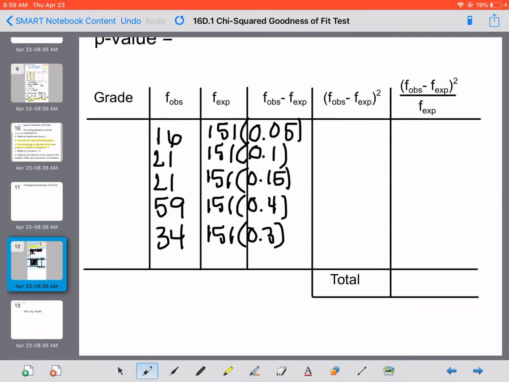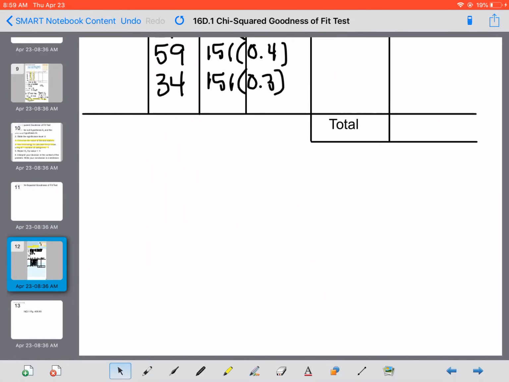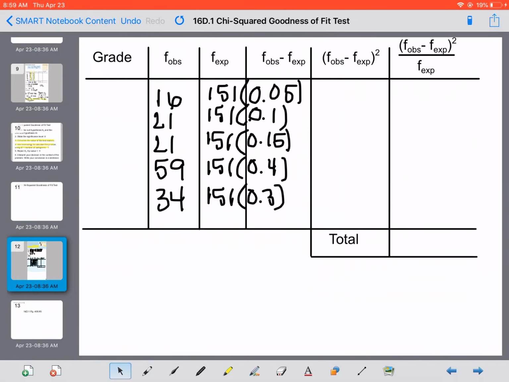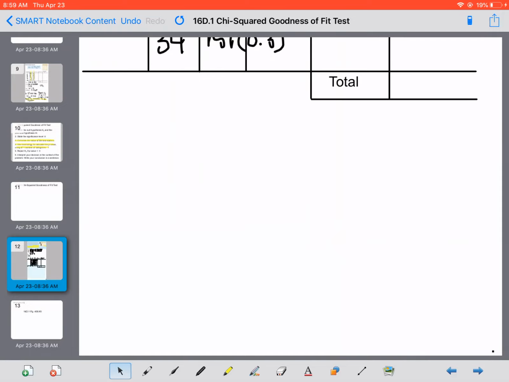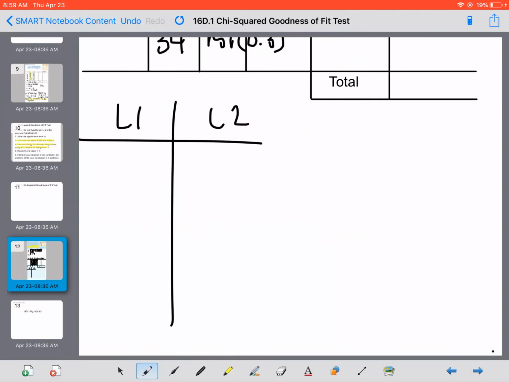And when I do that, this is what we're going to have: L1 and L2. Our L1 is the observed, which is our 16, 21, 21, 59, and 34.